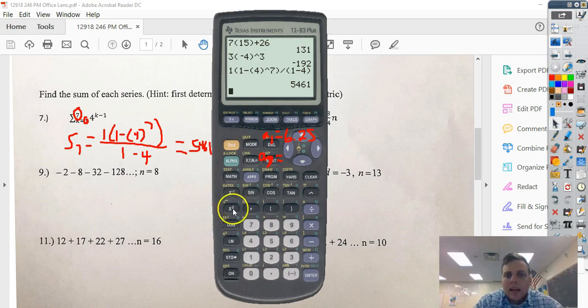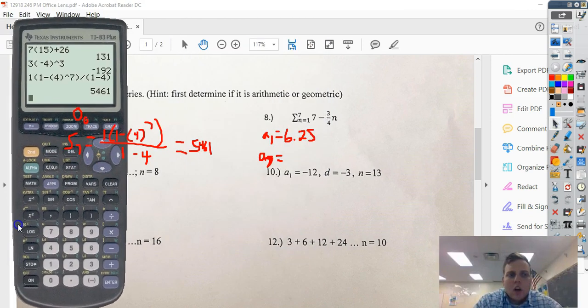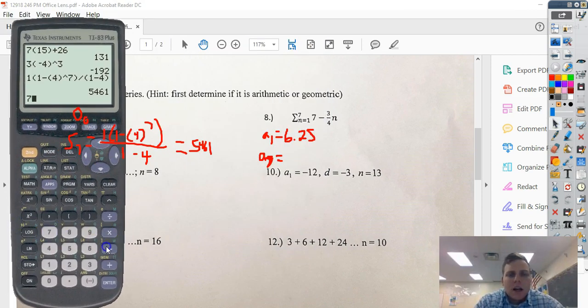So we're pulling a calculator. We're going to go with a 7 minus 3/4, which is the same thing as 0.75. So if you want to put 0.75 there, that would really be okay. 7. And I get 1.75. So the 7th term is 1.75.